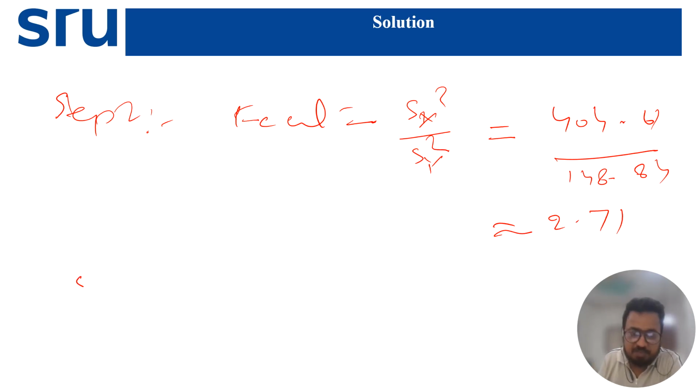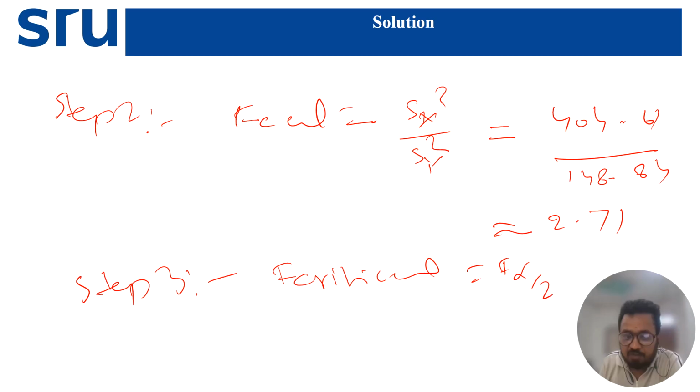And now in step 3, we will find the F critical value. Here alpha is equal to 0.05, and that will be divided by 2 because this is a two-tailed test. So the F critical value is equal to F alpha by 2 comma n minus 1, m minus 1.